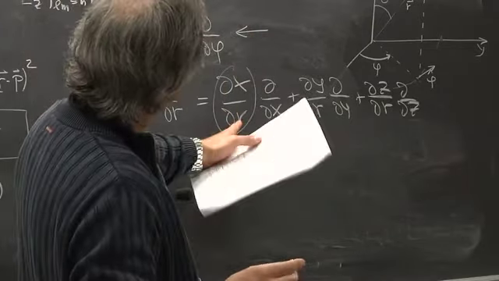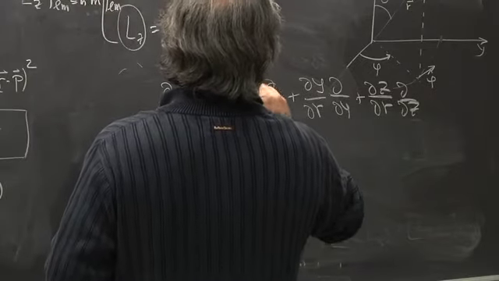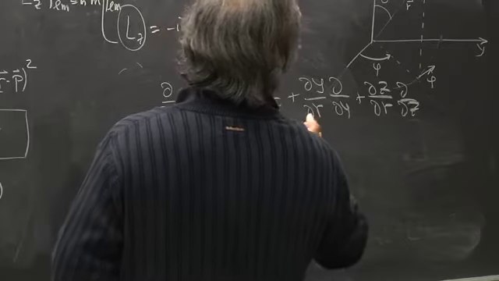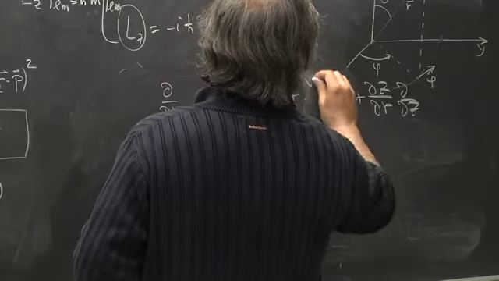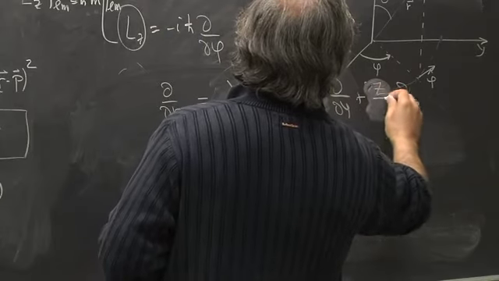So when I take a derivative, this is simply x over R. Similarly, this is just y over R. And this is simply z over R.